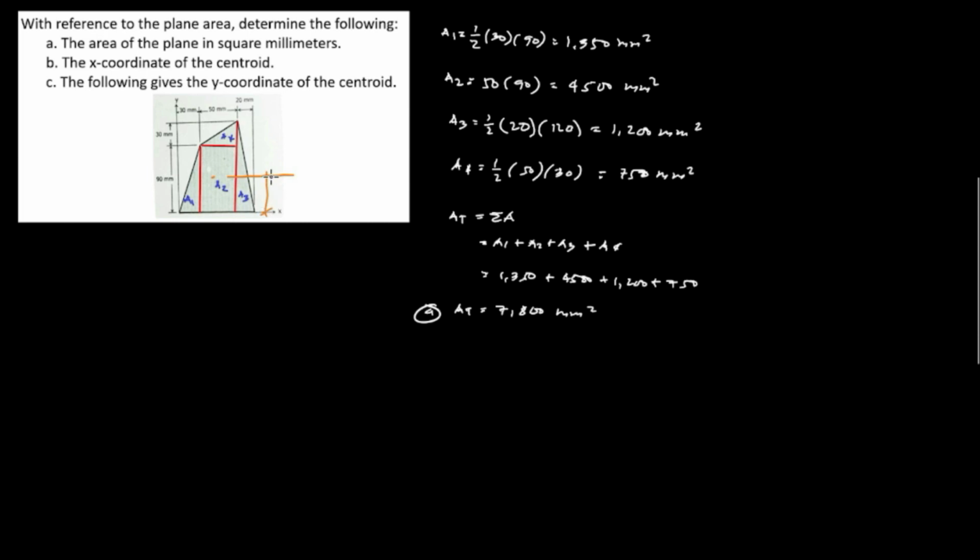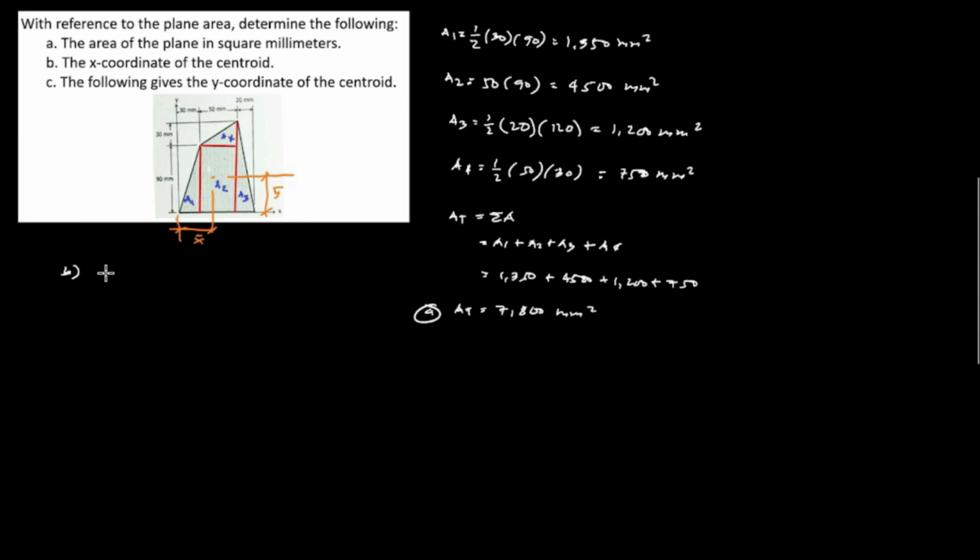This is the distance y bar, and from this point up to, and this is the y coordinate, and we will have the distance x bar. The x coordinate of the centroid, which is we can find the value for y bar.